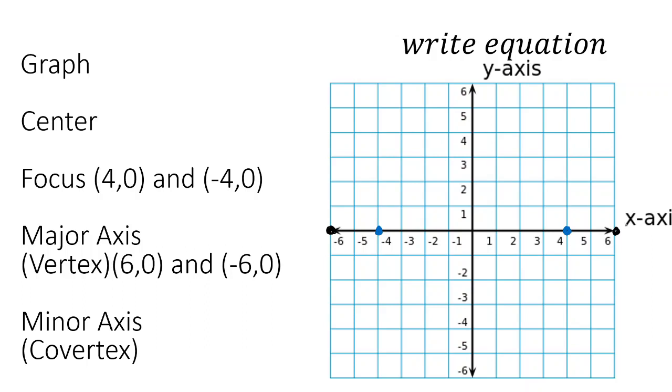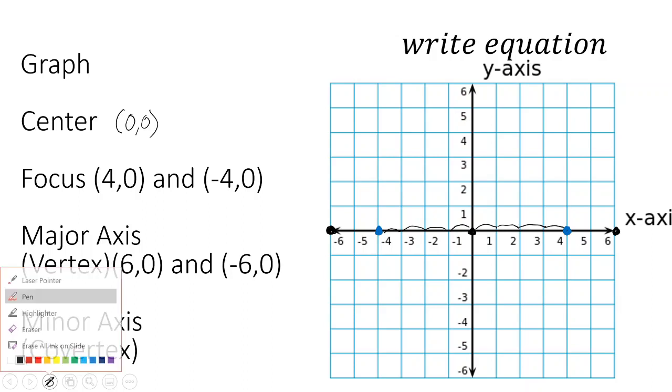So where's the center of this thing going to be? I believe the center is going to be right there at 0, 0. Because that's right smack in the middle. Now, if it was moved around a little bit, you still have to see there's 4 units this way and 4 units that way. You could use that same thing if the center wasn't at 0, 0. Okay, but that's where the center is.